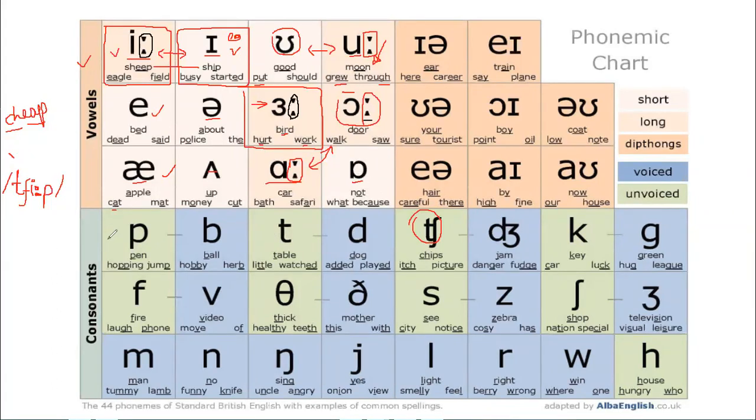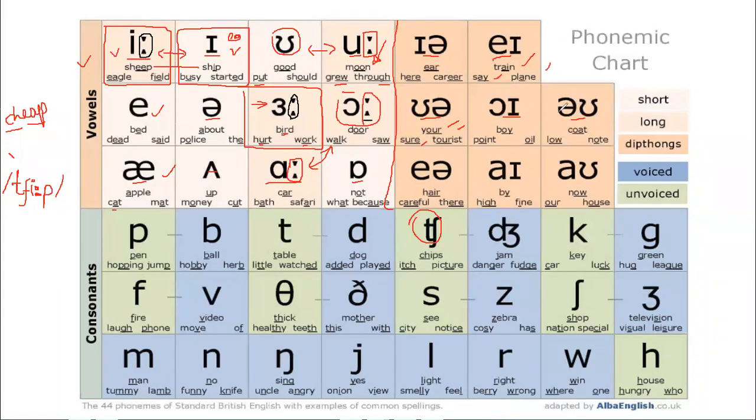And then we have all the different diphthongs. We have ear, here, career. We have a, train, plane, say. We have your, sure, tourist. And we have oi, boy, point, oil. Then we have coat.